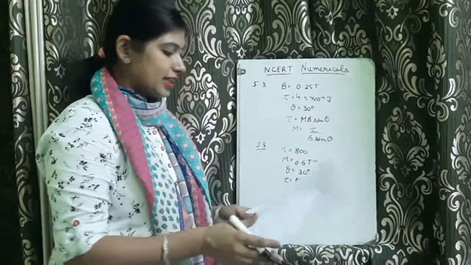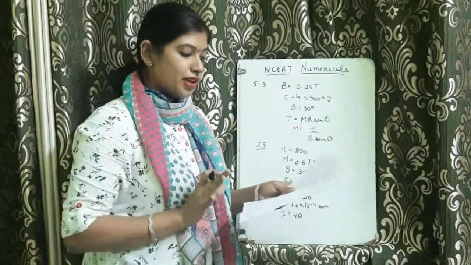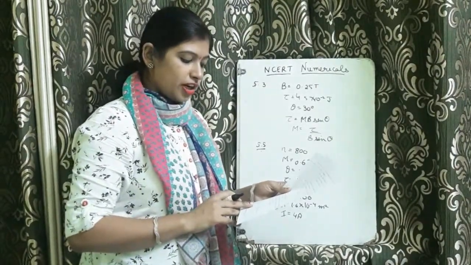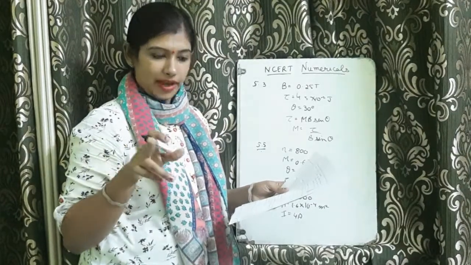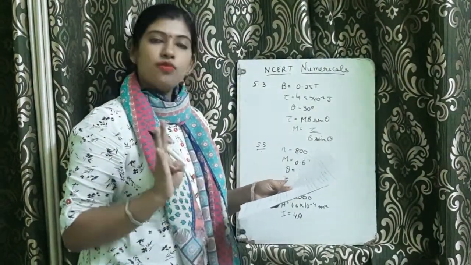So in this solenoid, the number of turns is 2000, the area of the solenoid is 1.6 into 10 raised to power minus 4 meter square, and the current through the solenoid is 4 ampere.